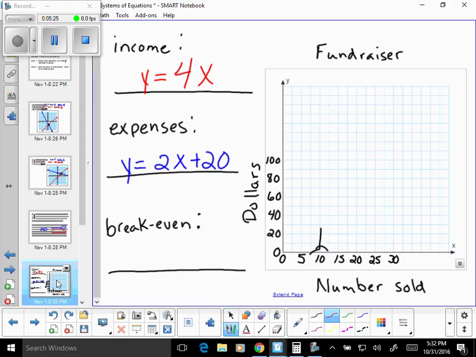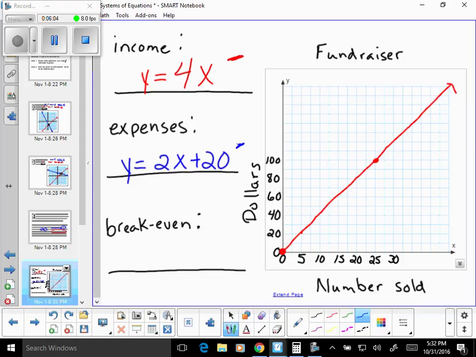Now, just like the other day, when I was going to graph these, I start with 0 for x, so that would be 0, 0, and then I'm going to choose 25, simply because I want to. I could choose 20 or 10 or 30 if I wanted to. That would be 100, because 25 times 4 is 100. 5 would give me 20, so that helps me get a pattern. And I draw my line. Normally this is in black.